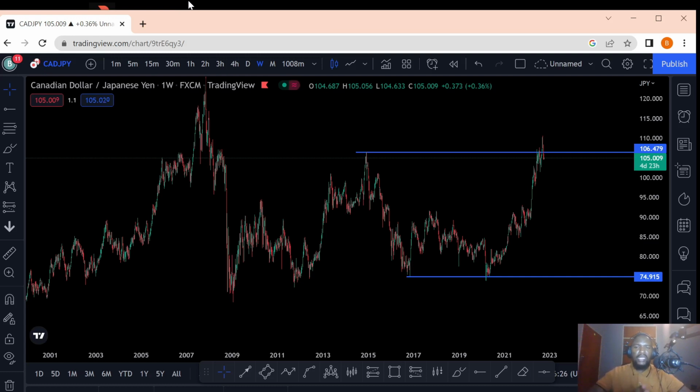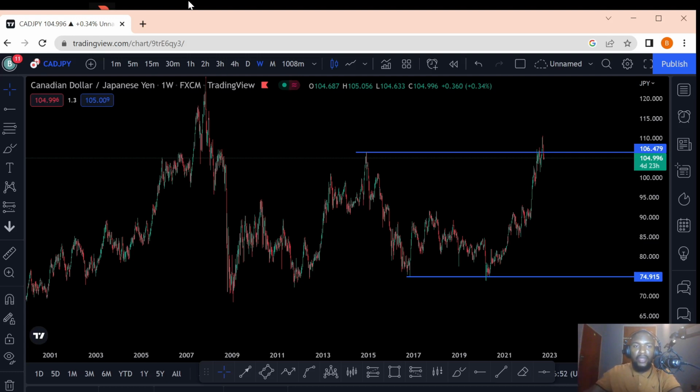So for you to identify high probability trades, you need to see the market from a higher perspective before you go on smaller time frames, because smaller time frames help us to actually enter the market, but the direction comes from the daily, weekly and 4-hour time frame, which is the higher time frame structure.